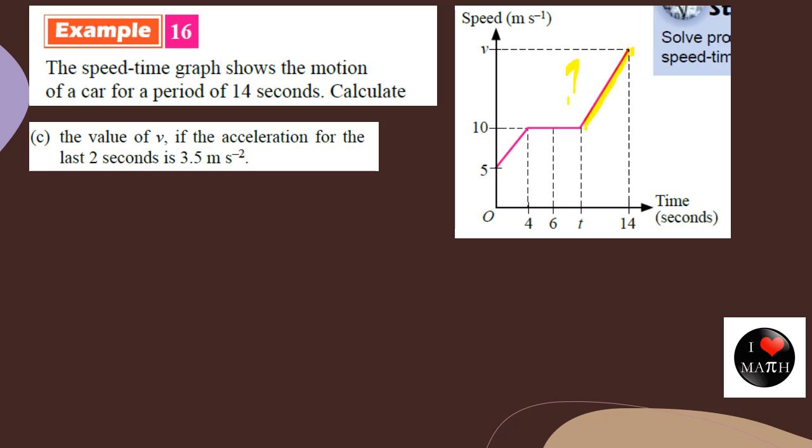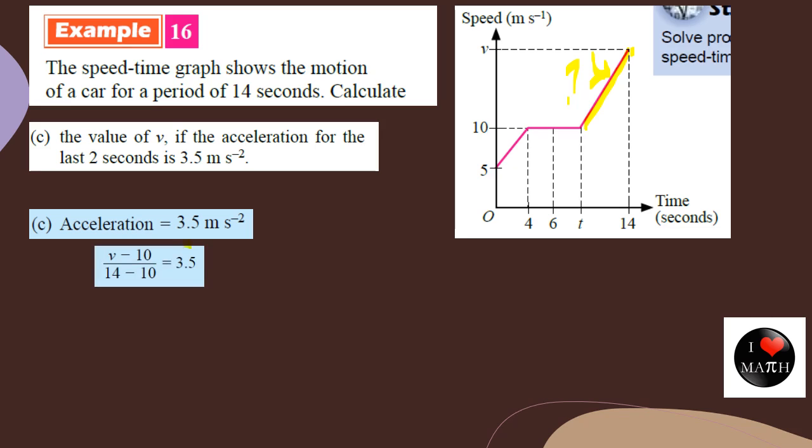So you just find the gradient for this graph. You know acceleration is 3.5 meter per second square, and that is the gradient.